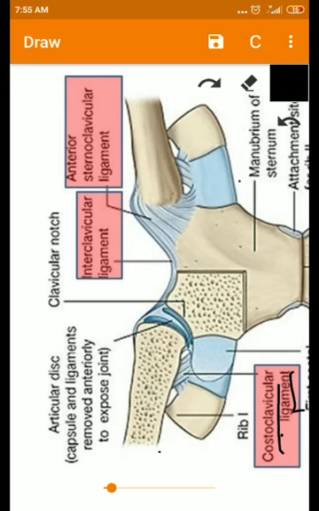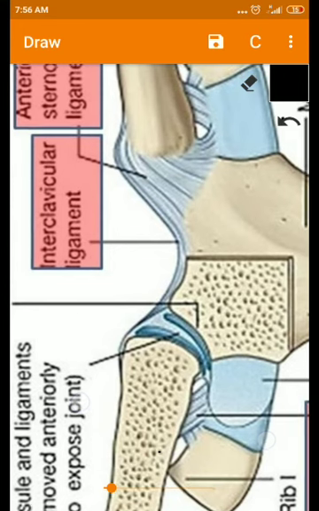It has a peculiar arrangement of fibers. It has anterior fibers, which you can see here, and a very small part here, the posterior fibers, which are attached to the rib.